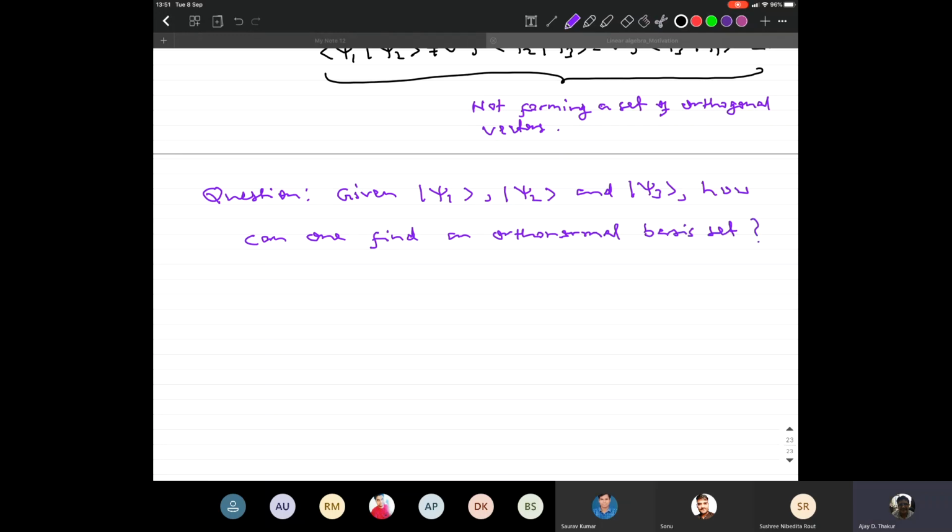The only thing that is ensured here is these are linearly independent.